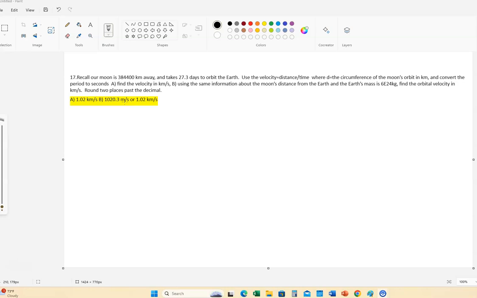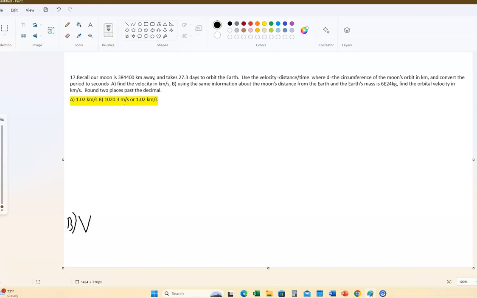Part B is you're just verifying this using the orbital velocity equation, right? So I'll show you that in just a second. It's actually very similar to the escape velocity equation, right? The orbital velocity, that's an R, sorry.